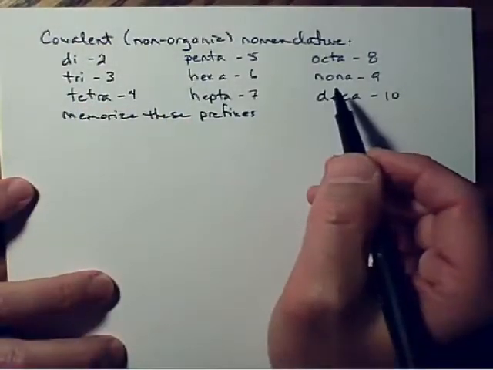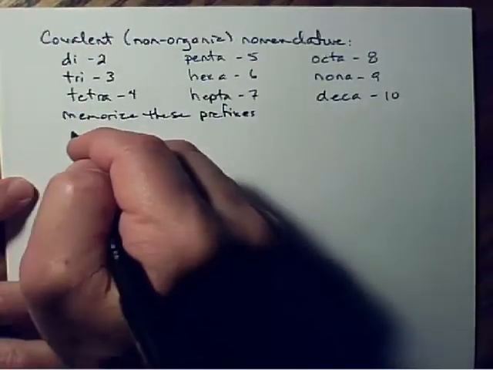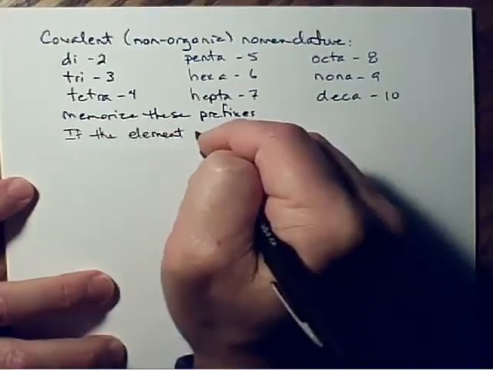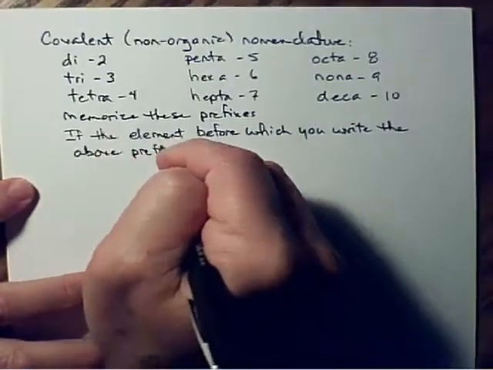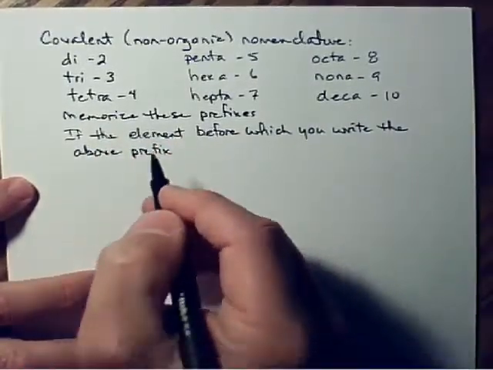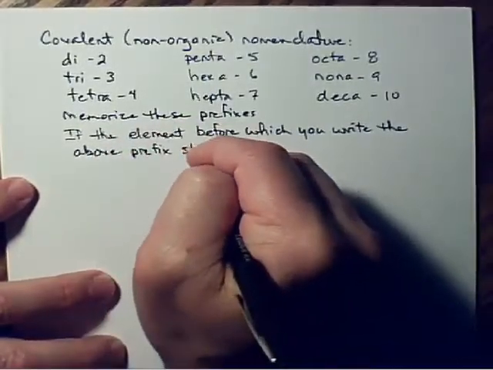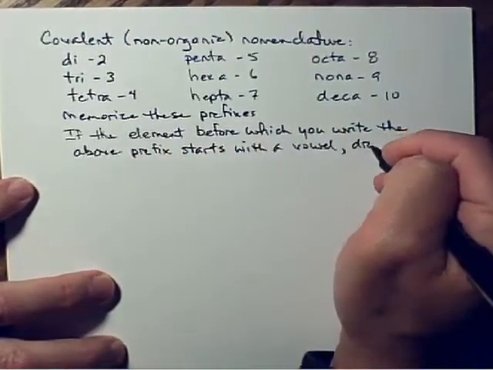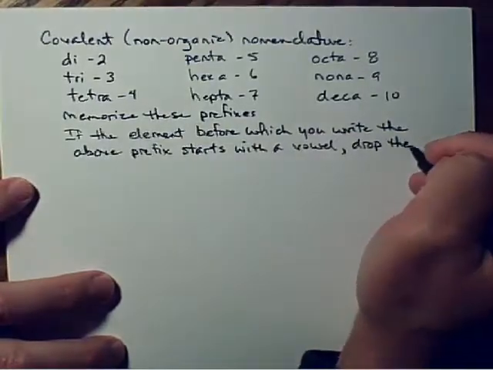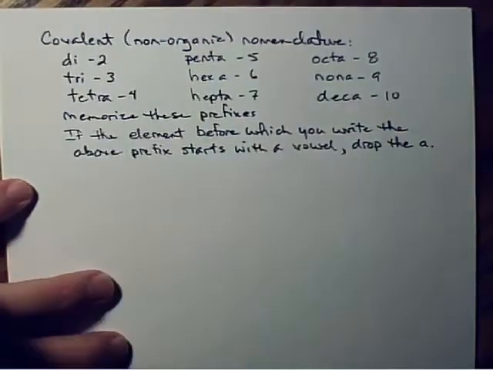There's one little trick to this. If the element before which you write this prefix starts with a vowel, you drop the A. You don't drop the I's, but you drop the A's.